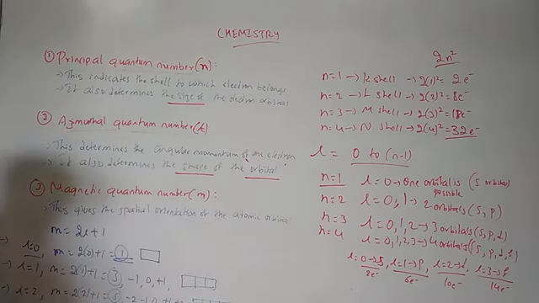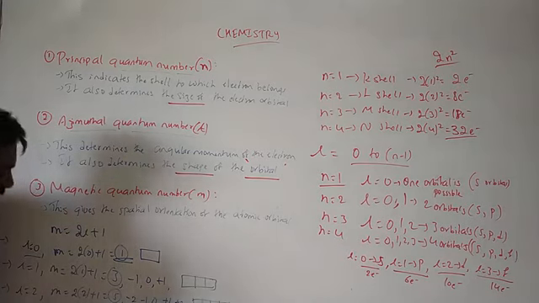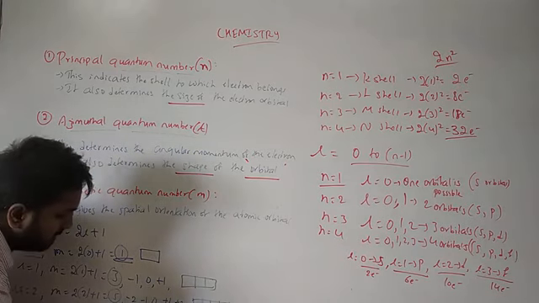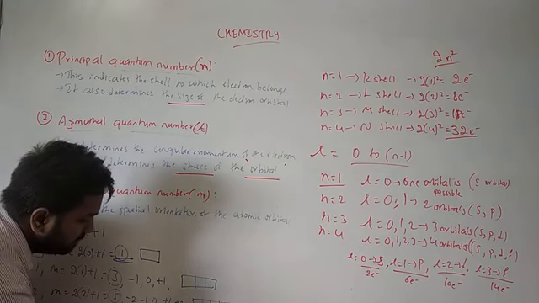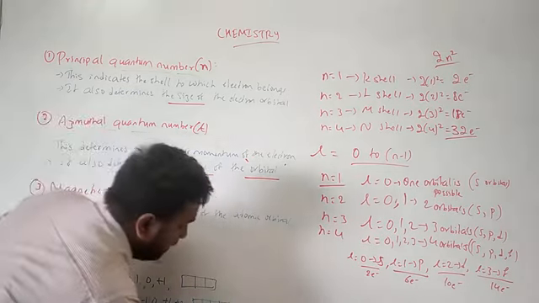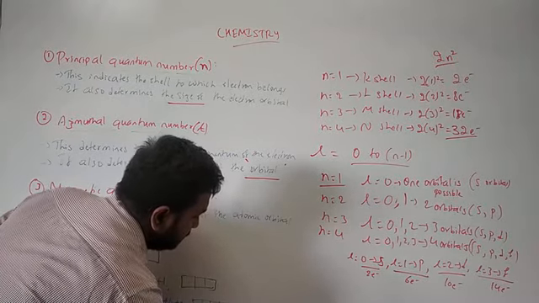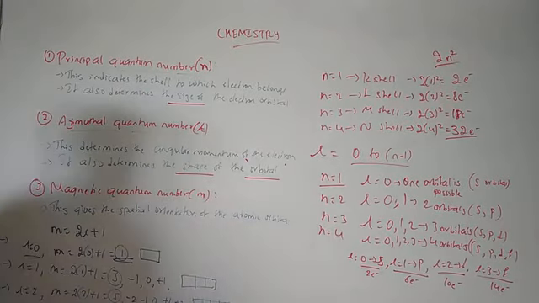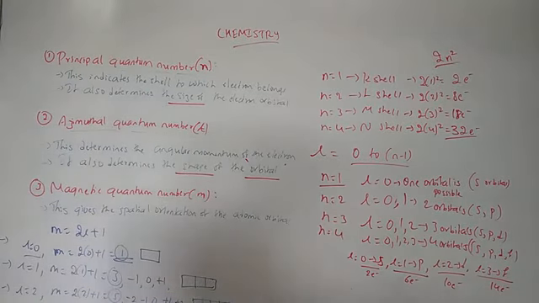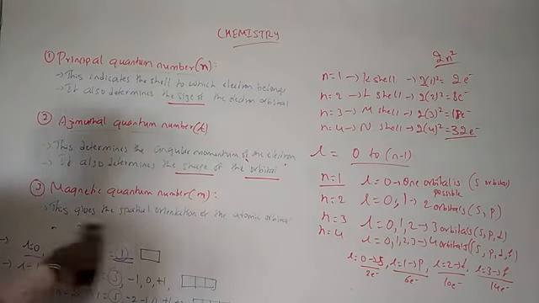In case of F, L equals 3, and M has 7 values: minus 3, minus 2, minus 1, 0, plus 1, plus 2, and plus 3. It can have 7 orientations. So this is regarding the magnetic quantum number, students. You get the information regarding the spatial orientation.